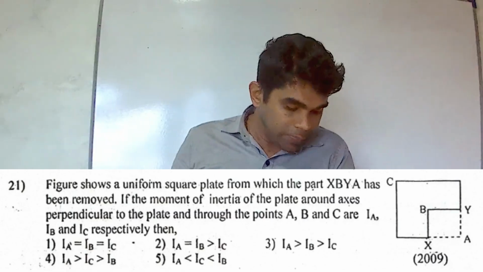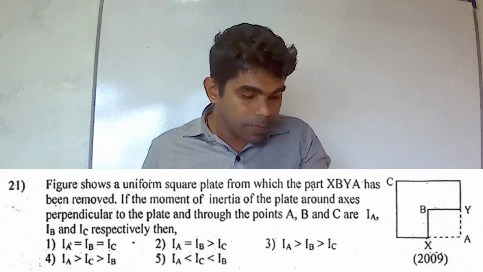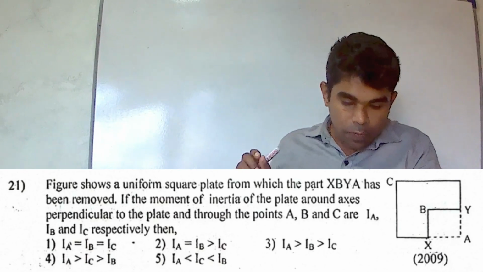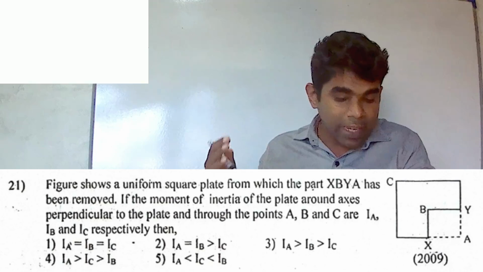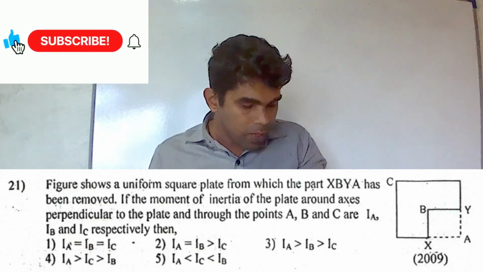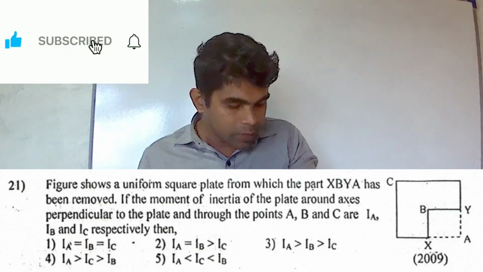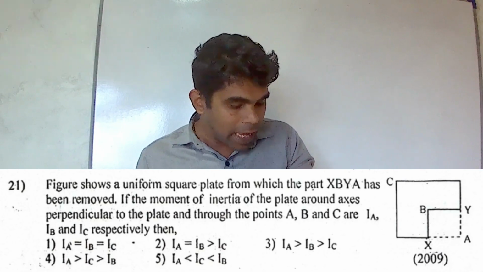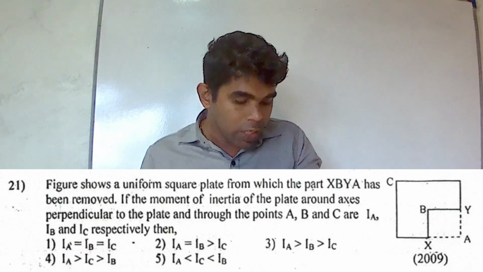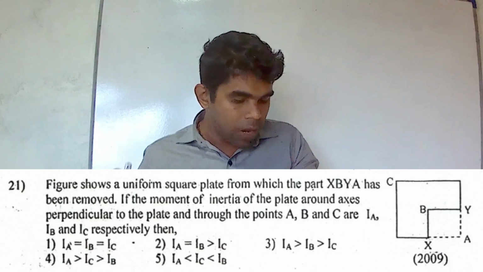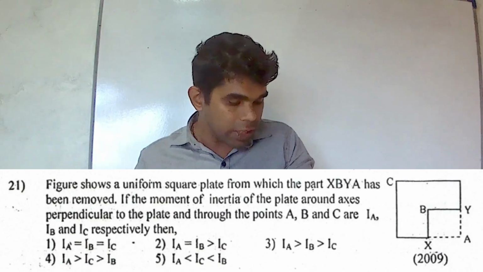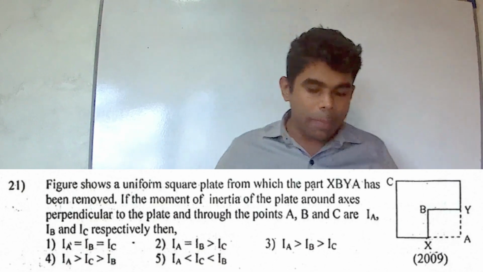Question number 21. The figure shows a uniform square plate from which the part XBYA has been removed. If the moments of inertia of the plate around an axis perpendicular to the plate through the points A, B and C are IA, IB and IC respectively, then you have to compare IA, IB and IC.